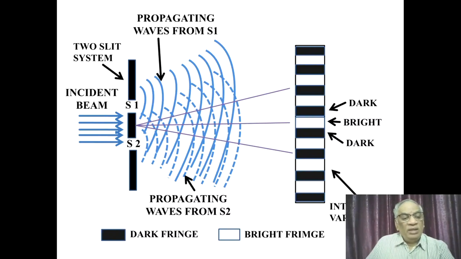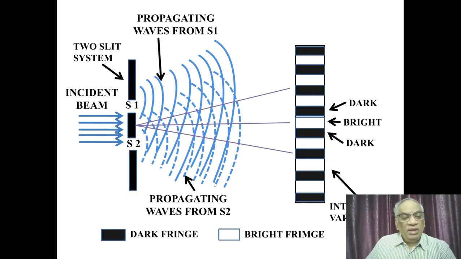Then the incident beam passes through the two slits S1 and S2 such that the light wave fronts travel in the forward direction as shown from S1 as well as S2. They interfere.